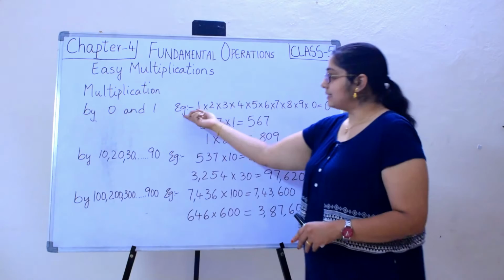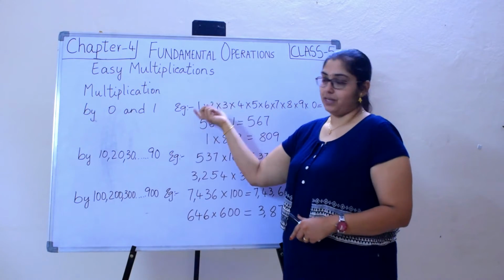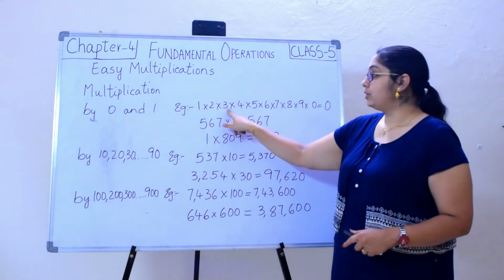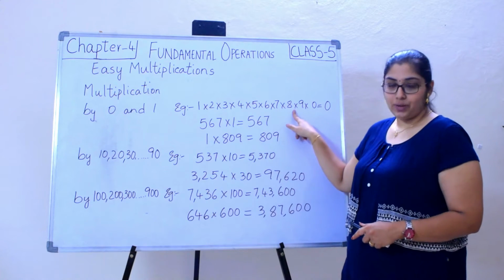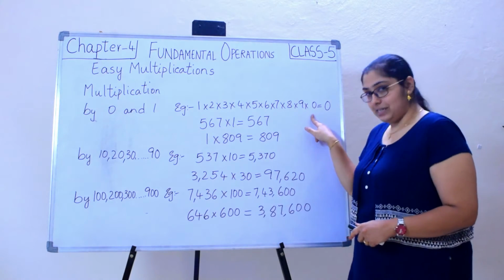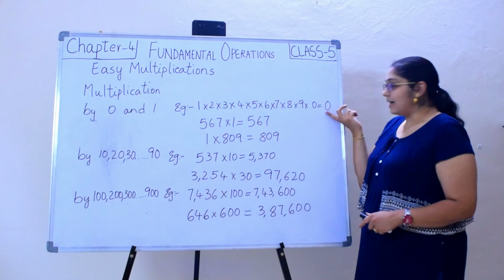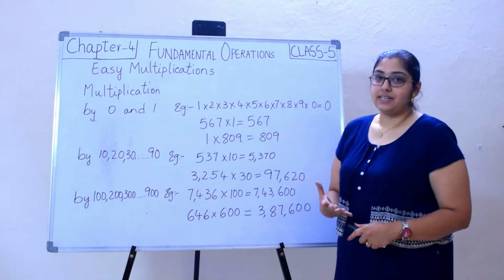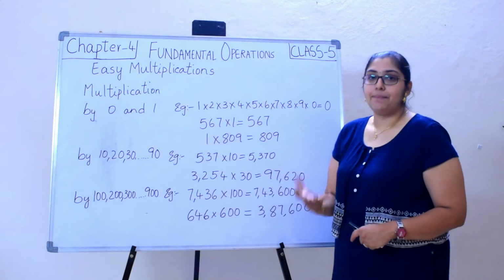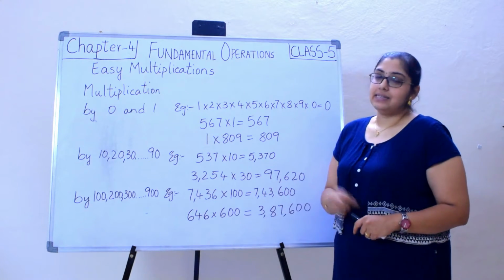So here I have an example first. With examples I will explain. Now 1 into 2 into 3 into 4 into 5 into 6 into 7 into 8 into 9 into 0, right? So I will get the answer as 0. Why? Because in the recall part also we have said that if you multiply any number with 0 then the answer is 0.